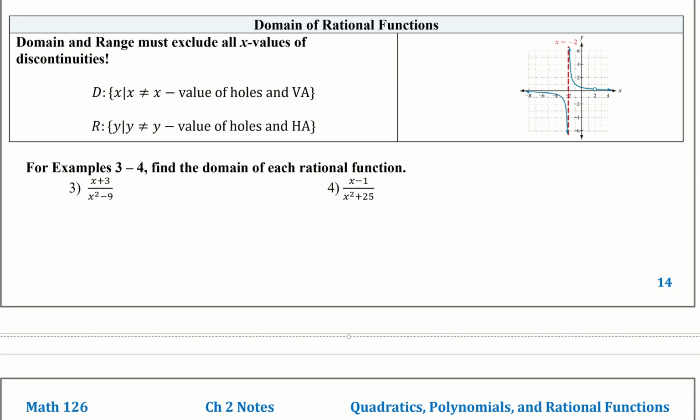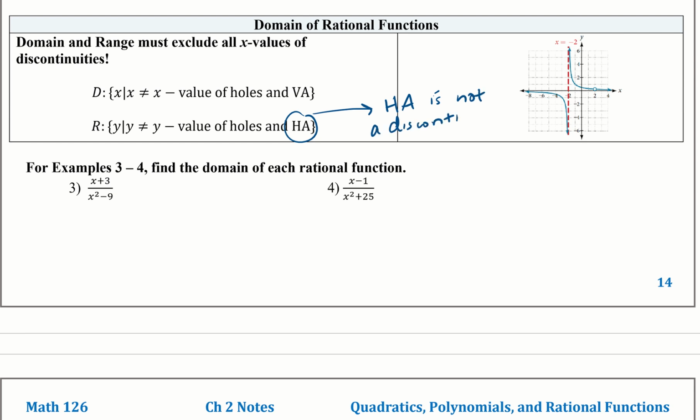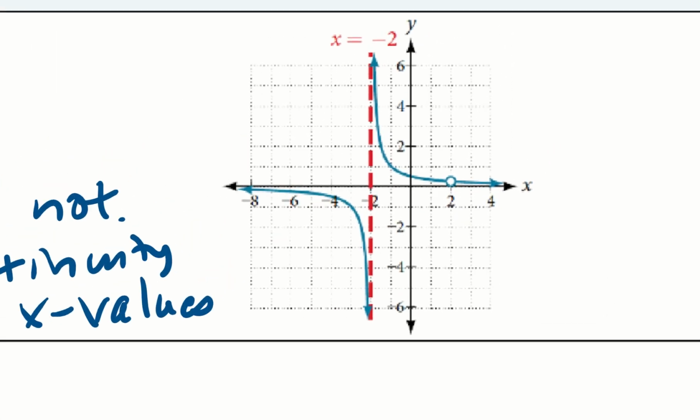And a new topic coming in is a horizontal asymptote. Now, interesting point. Horizontal asymptote is not considered a discontinuity for x values. Only for the range, only for y values. You might wonder why. Well, you can probably visualize that we have a horizontal asymptote right here along the x-axis.